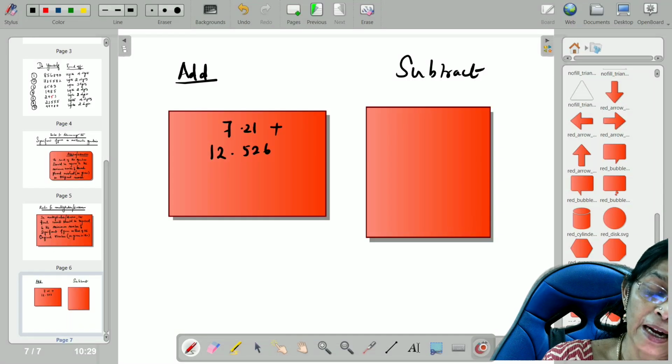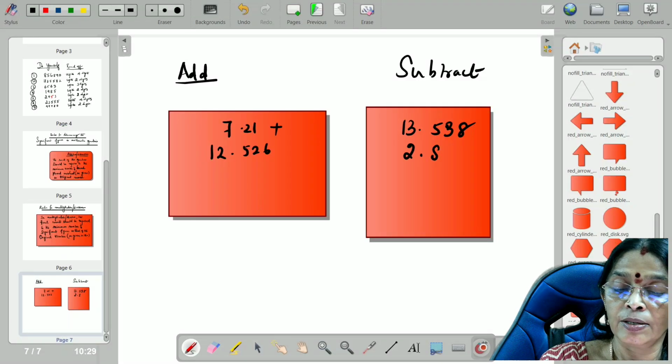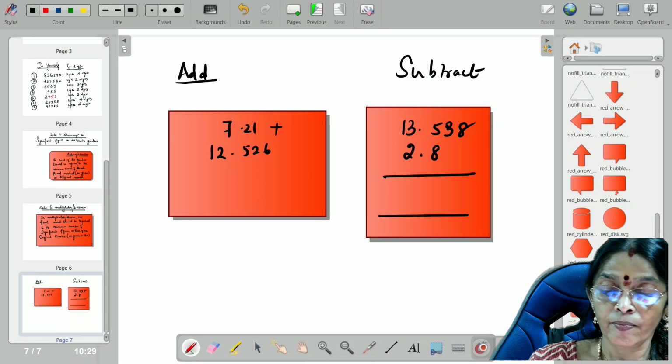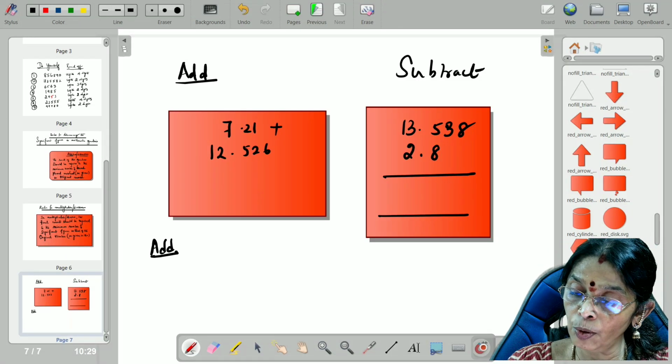Then subtract: 13.538 minus 2.8. Similarly, one more addition I am going to give you.